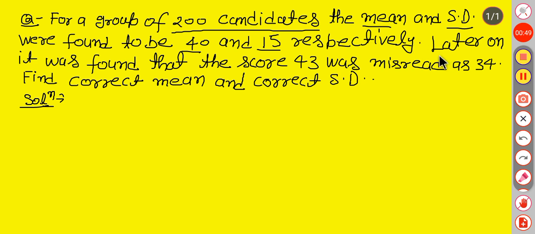Later on, it was found that the score 43 was misread as 34. So what will happen if the original was 43 but it was misread as 34?